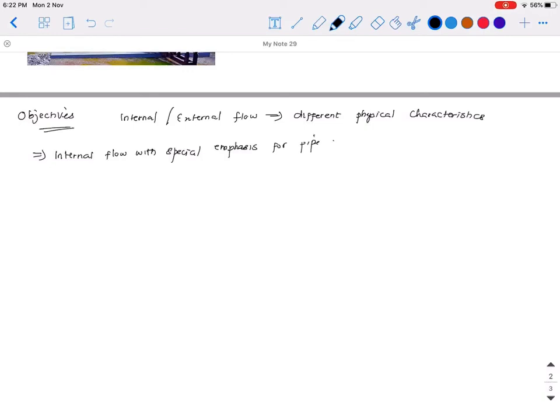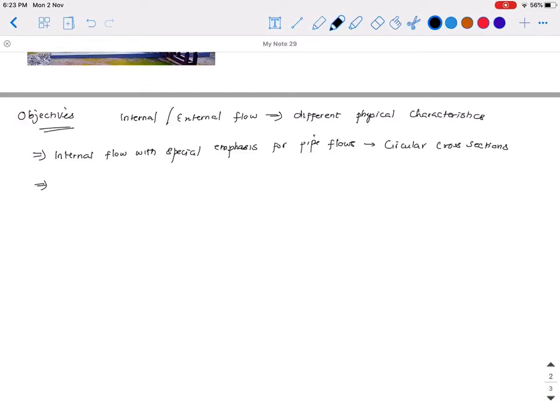We are going to study the flow characteristics of internal flows, and we will focus our attention on pipes so that we can focus on physical features, and this simple geometry eliminates the complications associated with the geometry. By pipe we mean circular cross section. We are going to talk only about pipes having circular cross sections.